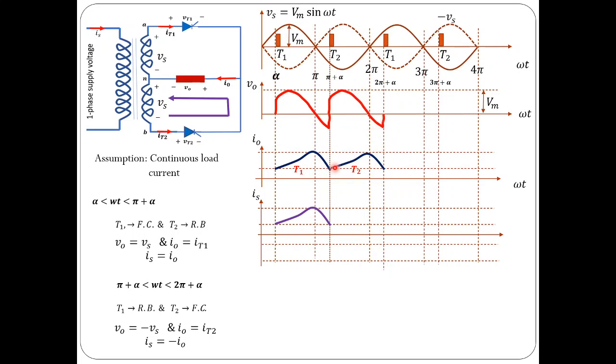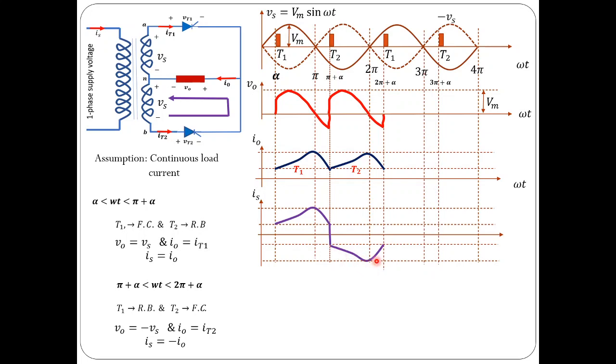So it will rise slowly from pi plus alpha to 2 pi, and then from 2 pi to 2 pi plus alpha the load current would fall. During this period thyristor 2 is conducting, so load current is the same as thyristor 2 current. And we know the source current is the same as minus of I0. So minus of this is plus I0, minus of I0 is this way. So source current is going to be the negative of the load current.